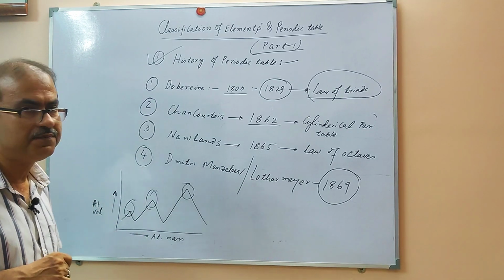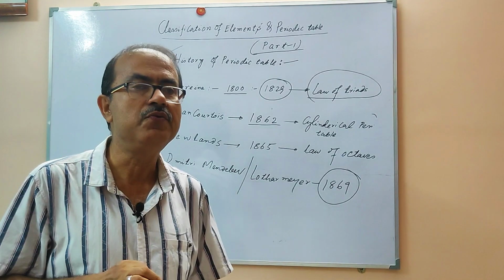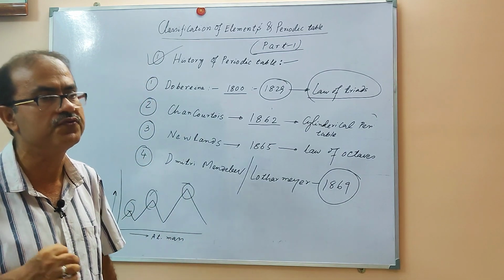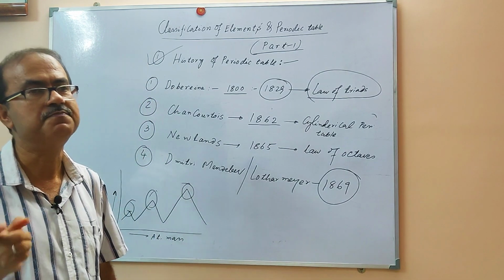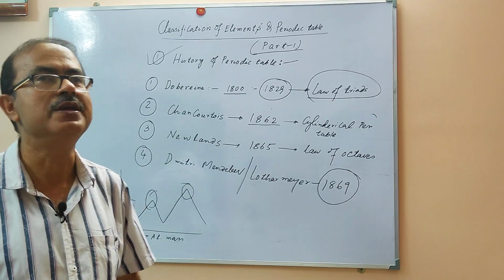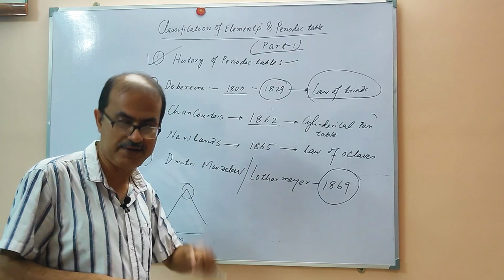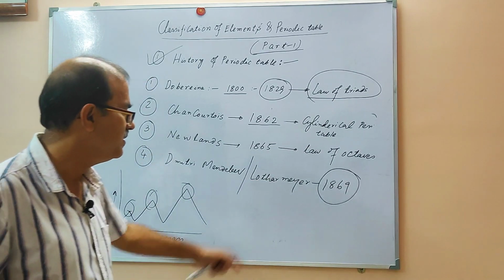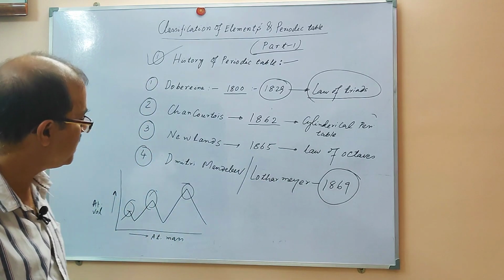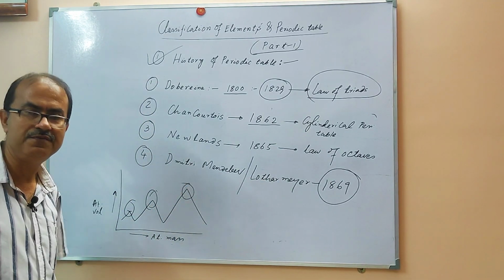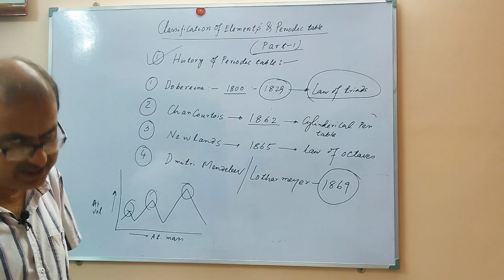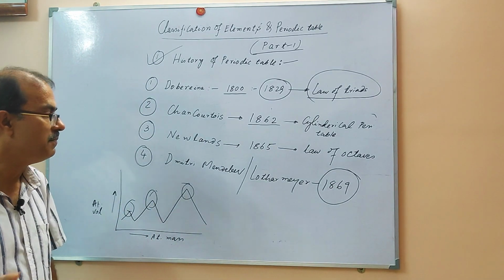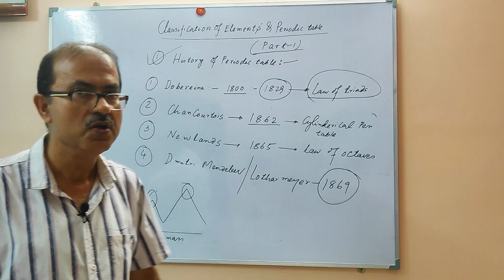But Dmitry Mendeleev has been credited as the father of the periodic table because he published his periodic table before Lothar Meyer. We cannot forget Lothar Meyer's contribution, but Dmitry published this periodic table much before Lothar Meyer.